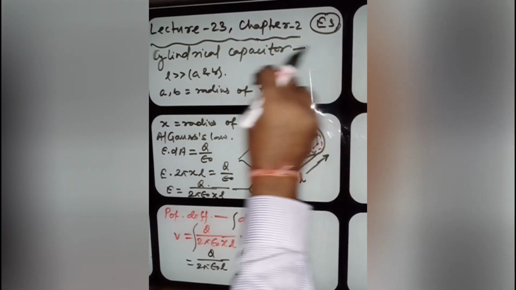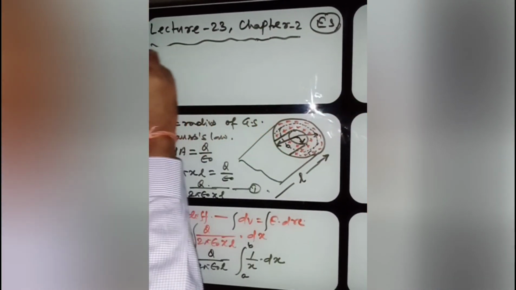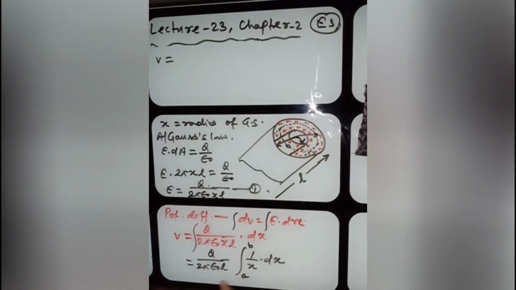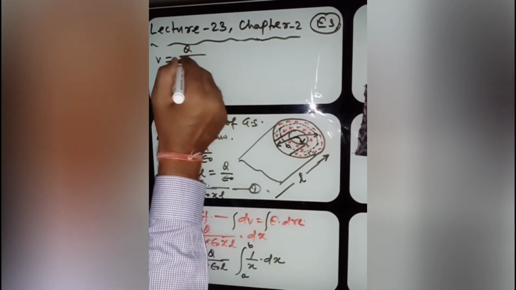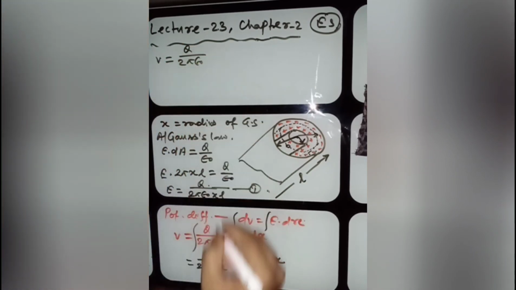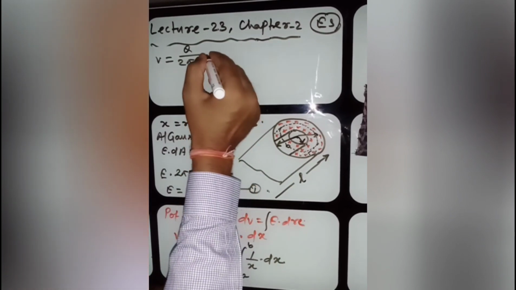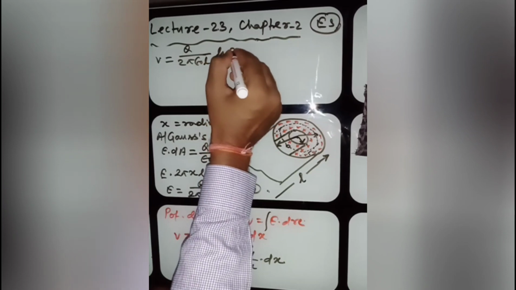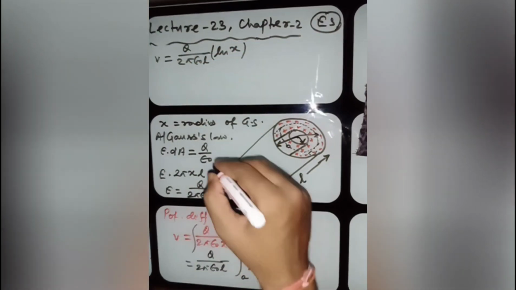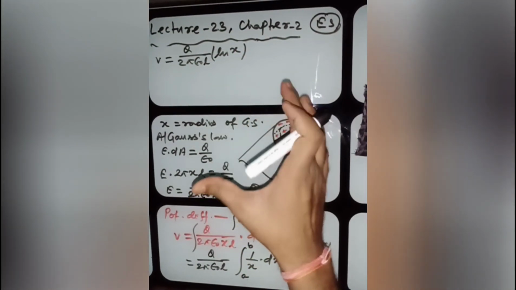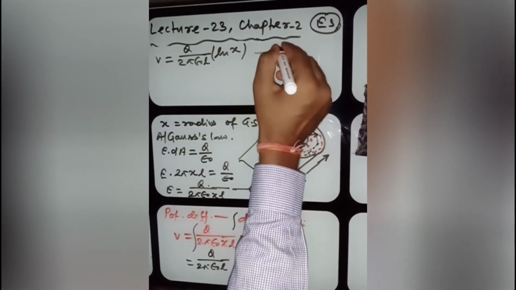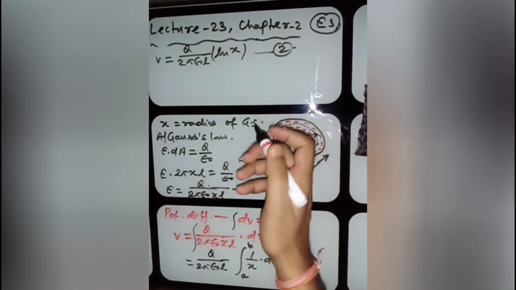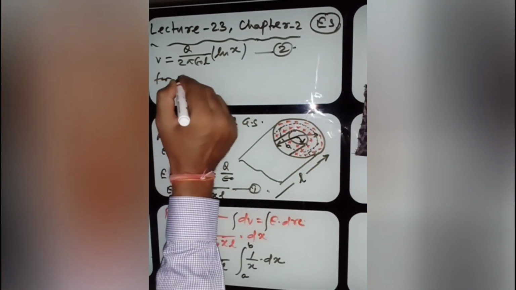Now integrate it, you will get the result. V is Q by 2 pi epsilon naught L, and the integral of 1 by x dx will be ln x, the natural log of x. Now this is the second equation. Third, to find the capacitance, you have to apply the capacitance formula.